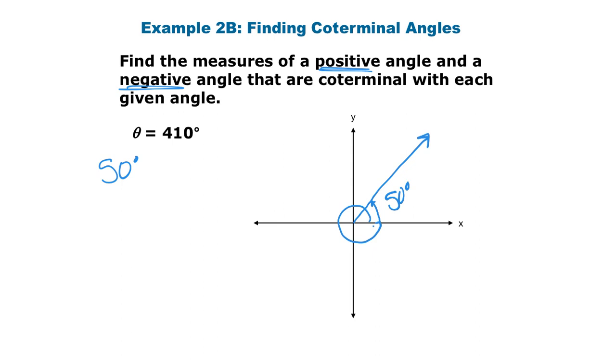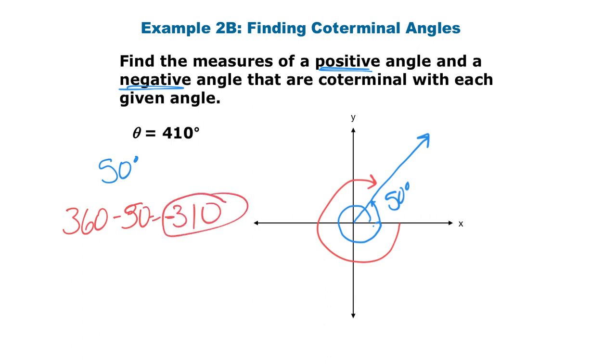And a negative angle, well, since I know now that this is the same as a 50 degree angle, I could look at 360 minus 50 would get me a negative 310 degree angle. And I know that when I'm subtracting here, I really do end up with a positive value, but I'm recognizing that I'm going in the negative direction as far as my angles go. So it's a negative 310 degree angle.